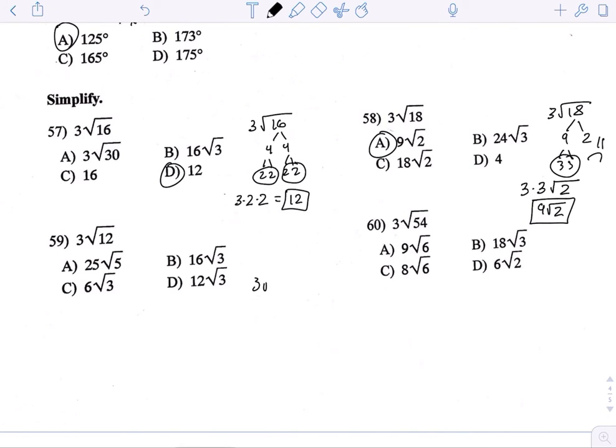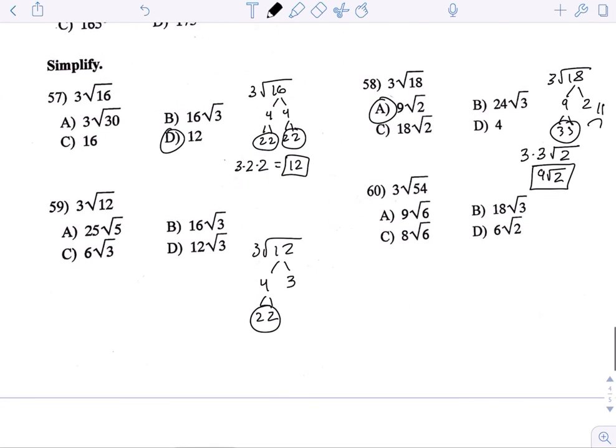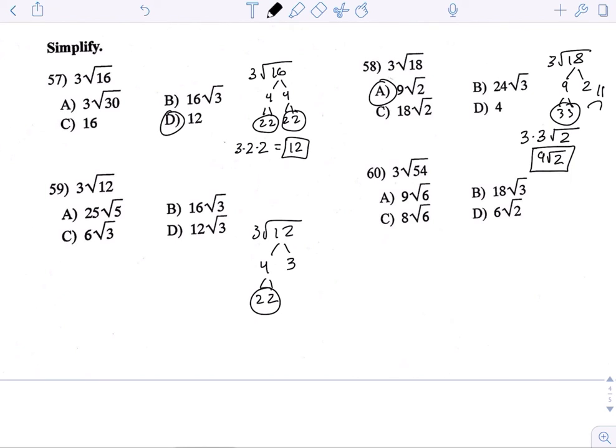Over here, 3 square root of 12, factors 4 and 3, 2 and 2. We found a pair, so that means the pair gets to come on the outside of the square root, so the 3, which is already there, times the 2, which is the pair, square root of the leftover, which was that 3. 3 times 2, 6, square root 3.